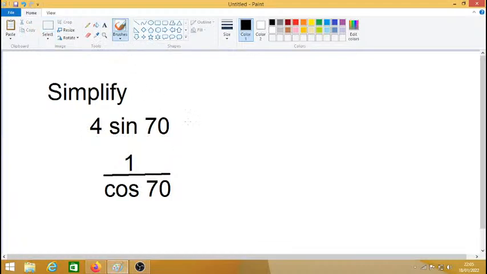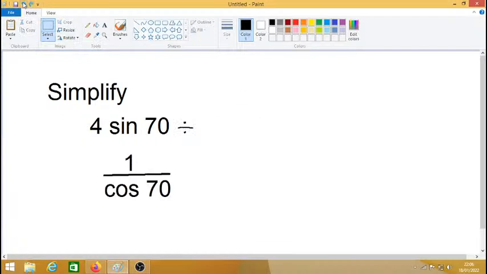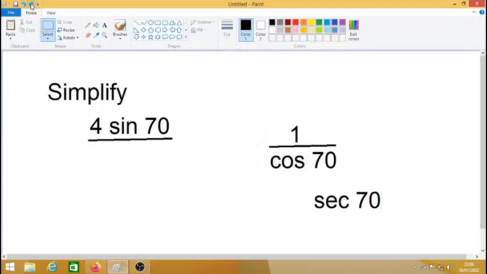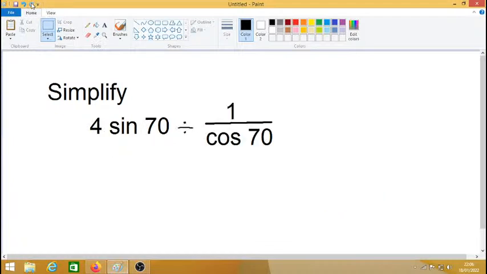So it's 4 sine 70 divided by 1 over cos 70. That's what that first fraction line meant. Let me just show you again: 4 sine 70 divided by 1 over cos 70. So we're just writing that literally as I say it.